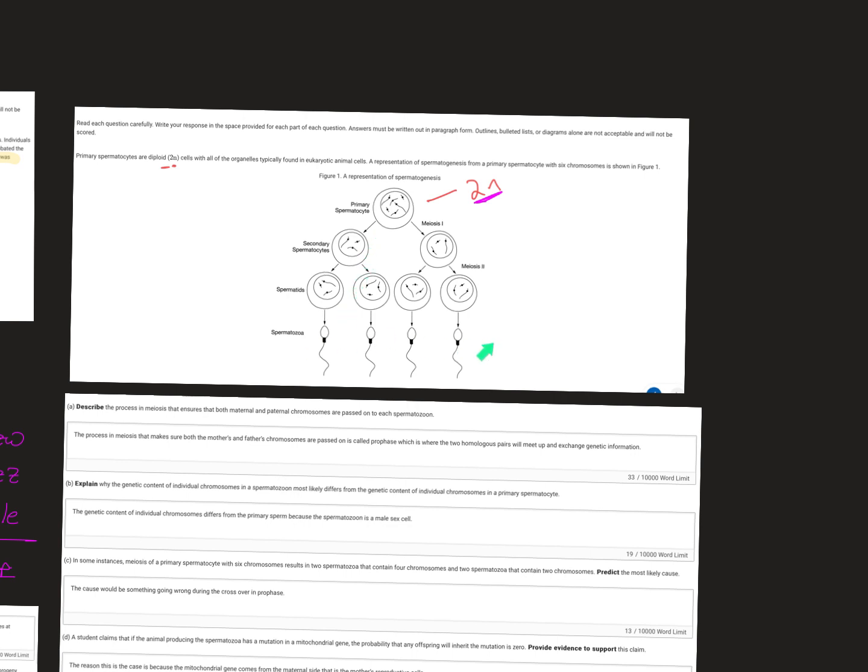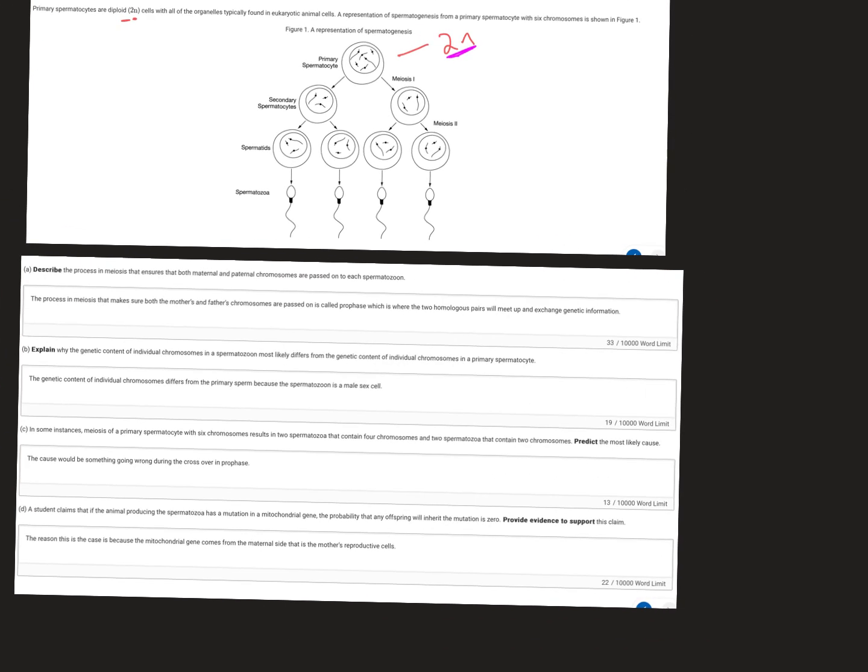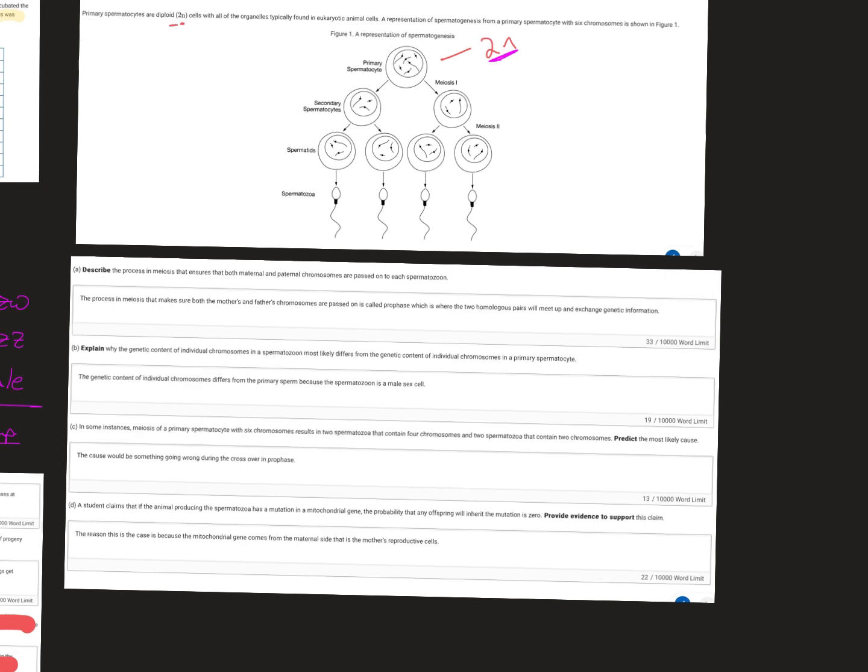All right, so at the end you'd have sperm, spermatozoa. Describe the process in meiosis that ensures both maternal and paternal chromosomes are passed onto each spermatozoan. So this person almost had it right when it says that they meet up.